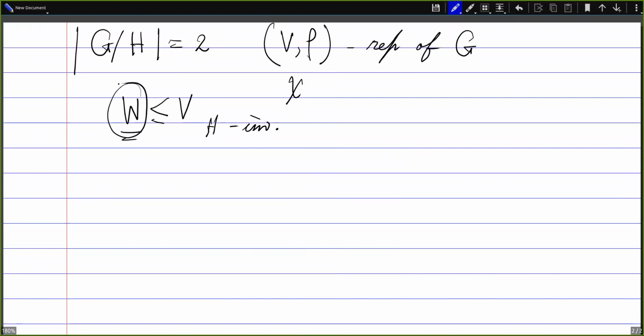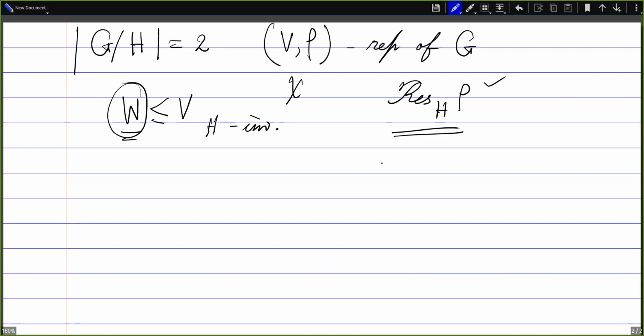That means it doesn't have any further H-invariant subspace which is different from the trivial one and W. Let me say again in a different way what we are doing. First we restrict rho to H, so that becomes a representation of H. Then we take an irreducible subrepresentation of that.